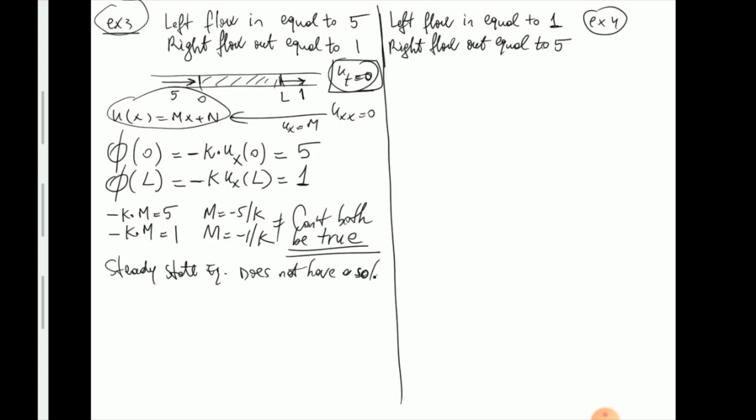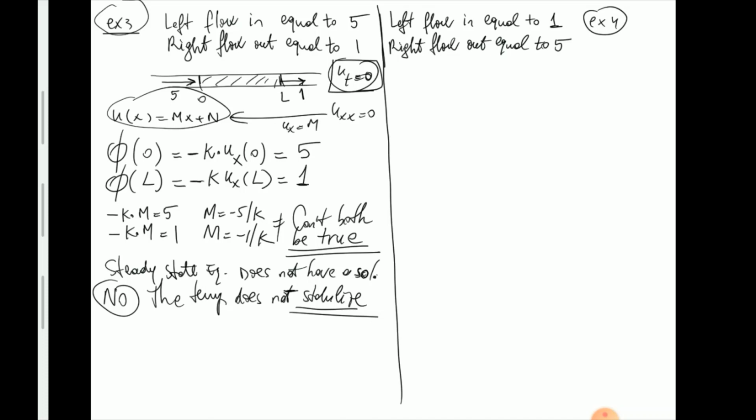I mean, is it the case that as t goes to infinity, the temperature does not change anymore? And the answer is no. The temperature does not stabilize. And why is that the case? Well, because the heat energy keeps on increasing.